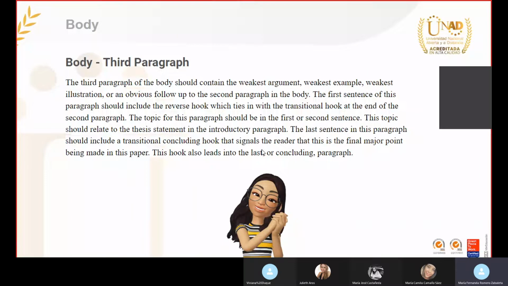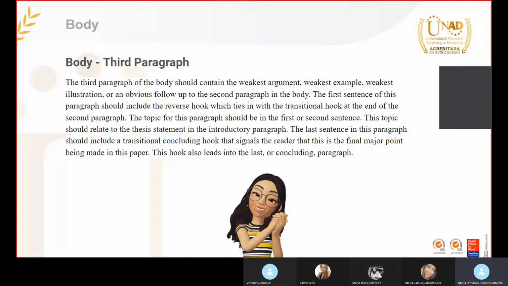So in this third paragraph, the body should contain the weakest argument, the weakest example, the weakest illustration, and an obvious follow-up to the second paragraph of the body. So the first sentence of this paragraph should include the reverse hook, which ties with the transitional hook.